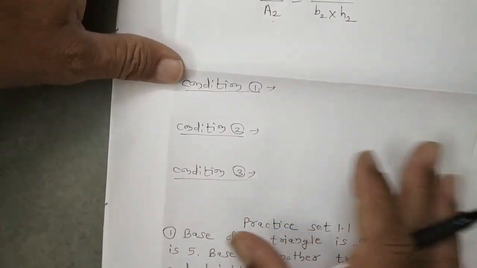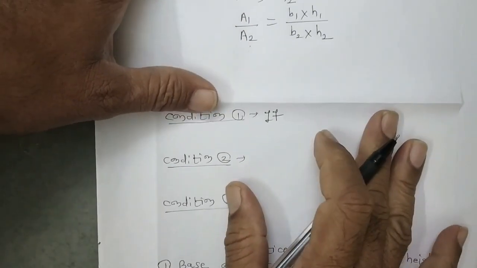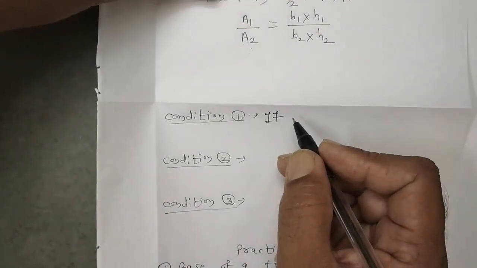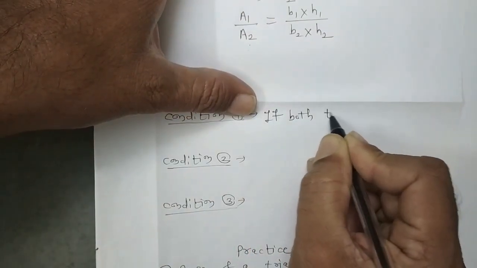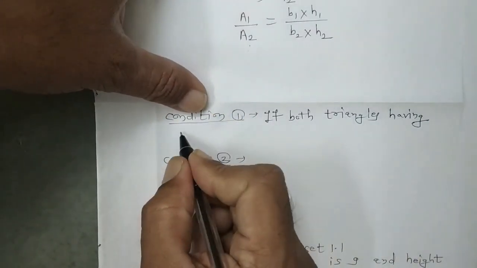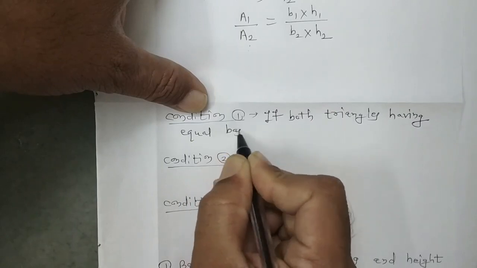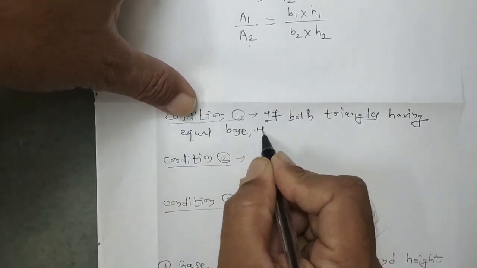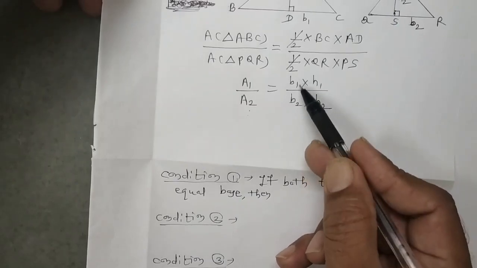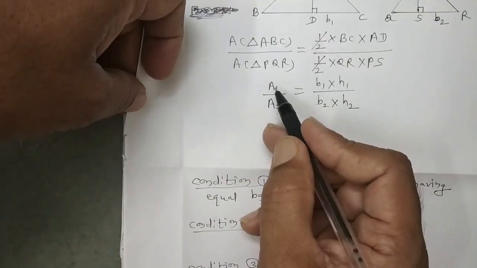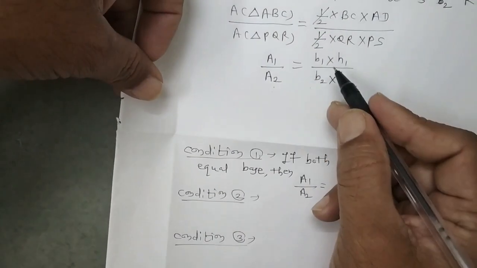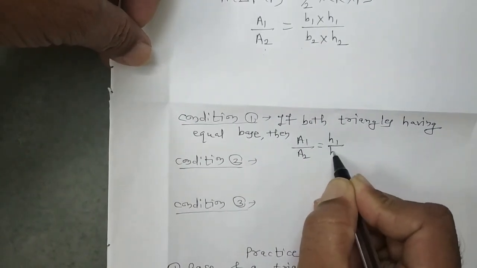Now condition first: if both triangles have equal base, that is B1 is equal to B2, this gets cancelled, and we get A1 upon A2 is equal to H1 upon H2.